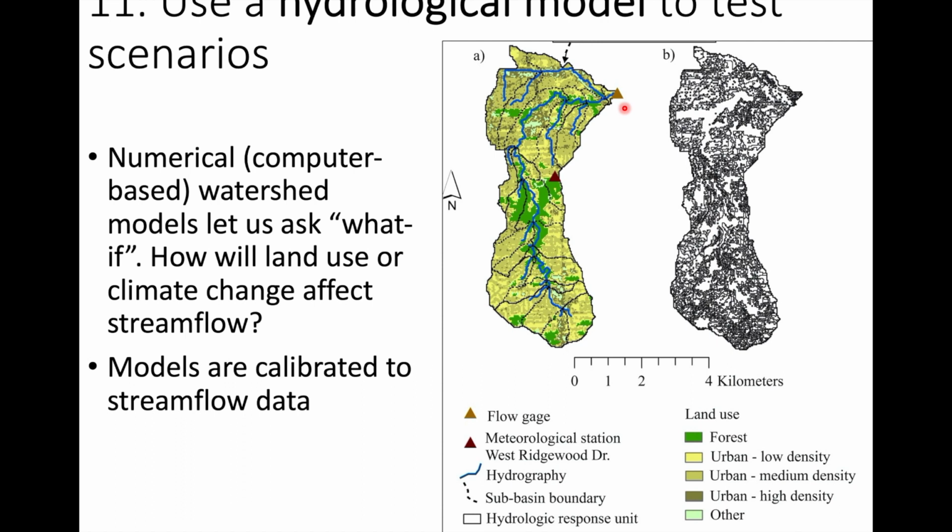And then once we've matched reality, we say that the model is calibrated, and now we can finally go in and say, okay, now we don't have very many rain gardens in this watershed. Let's add 10,000 rain gardens, and how will the hydrograph change? And it makes us feel more confident in the results of the model because we know that the model was able to reproduce the existing reality.